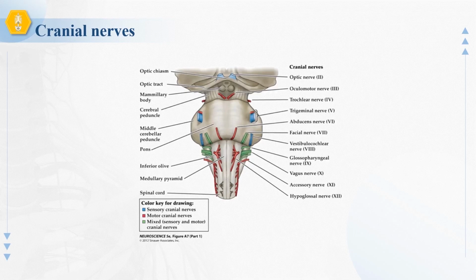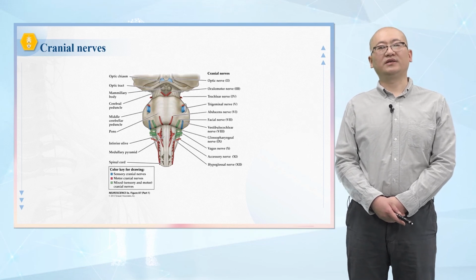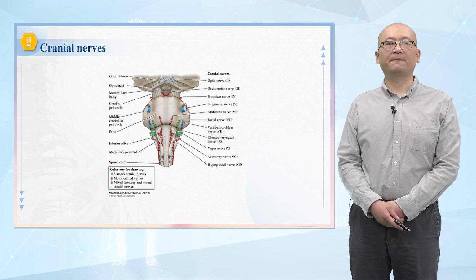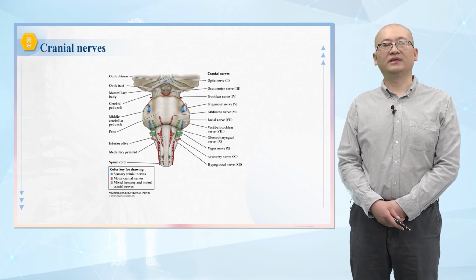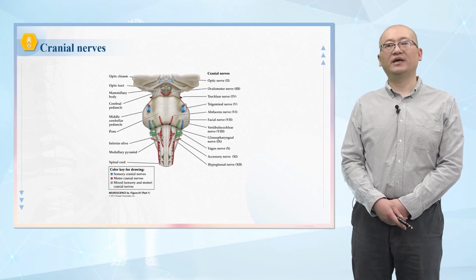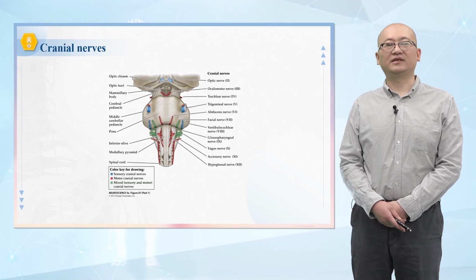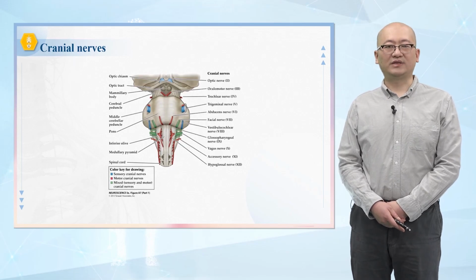And the eighth cranial nerve is the vestibulocochlear nerve. It controls the hearing and the sensation of balance. And the ninth one is the glossopharyngeal nerve, which controls the sensation from the posterior tongue and pharynx, and the taste from the posterior tongue, carotid baroreceptor and chemoreceptor.